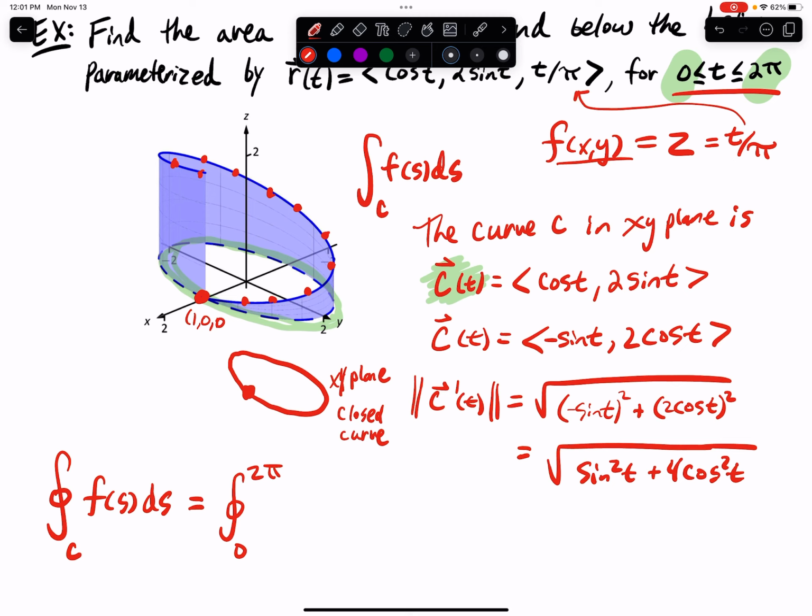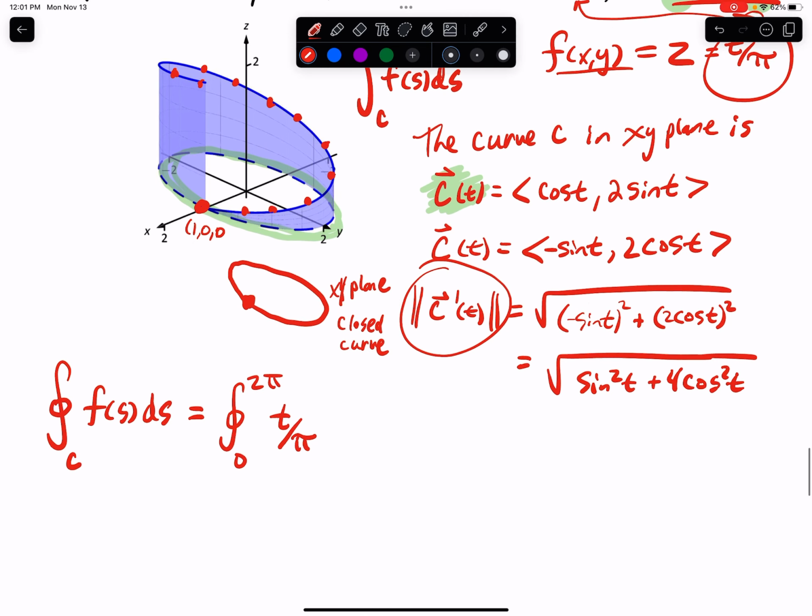Okay. Times, well, what is the f of x, y here? That's my z component. That's t divided by pi, multiplied by this piece right here. Remember, ds is equal to the magnitude of the derivative multiplied by dt.